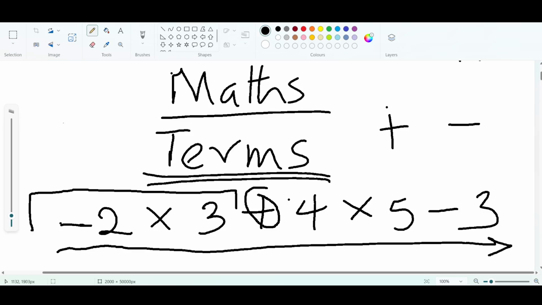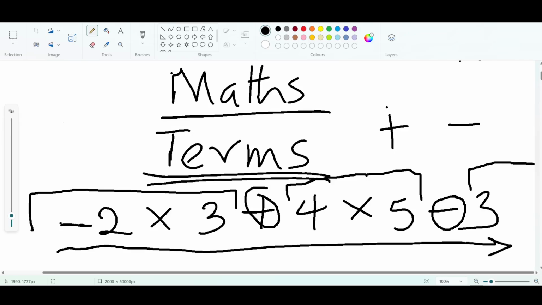Now, the second term begins from here. It continues. The sign we come across here is a multiplication. So we need to continue until we come to another sign, which is minus. The moment we see plus or minus, that term has ended. Then another term begins here.